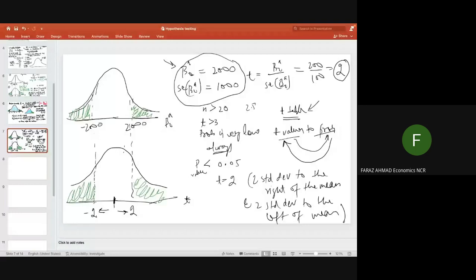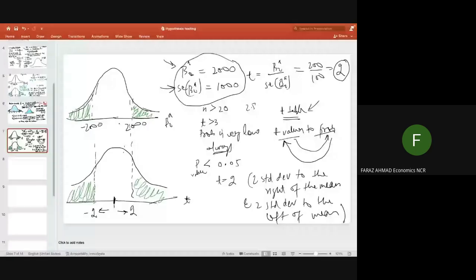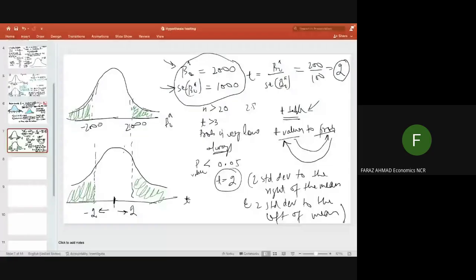So why do we say 2 standard deviations? Because you can see this 2000 means 1 standard deviation means 1000 and 2 standard deviations mean 2000. So when we say t value is 2, that means 2 standard deviations to the right and 2 standard deviations to the left. We are saying 2000 to the right and 2000 to the left on this beta 2 scale, right?